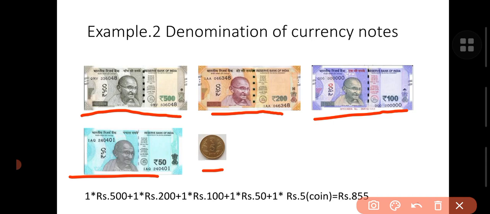Now 1 times rupees 500 plus 1 time rupees 200 plus 1 time rupees 100 plus 1 time rupees 50 plus 1 time 5 rupees coin gives total amount rupees 855.